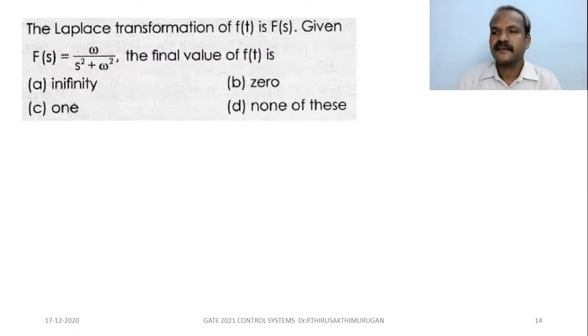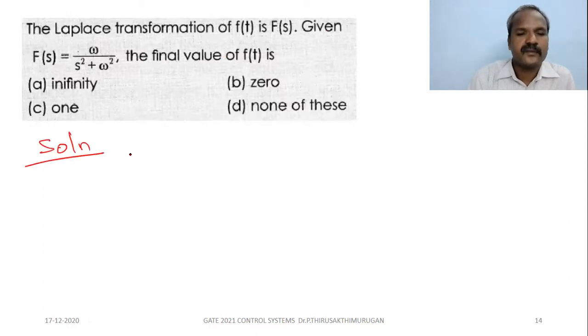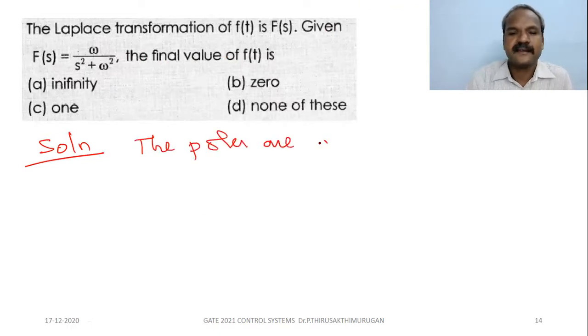So next, the Laplace transform of f(t) is F(s), given. We have to find the final value of f(t). So which is the correct answer? For the solution, look at the poles of F(s).